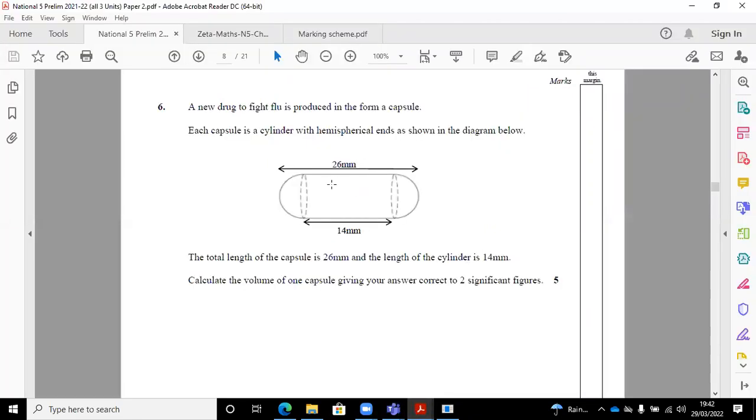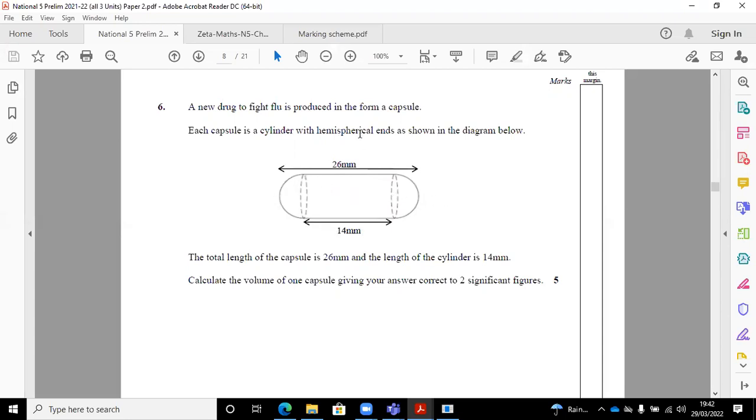Couple of dimensions we've got. We've got 26 is the overall length. We need h as well. We've got the cylinder length, which is 14. To find the radius, we're going to do 26 take away that 14, and that will give us the full diameter of the sphere.